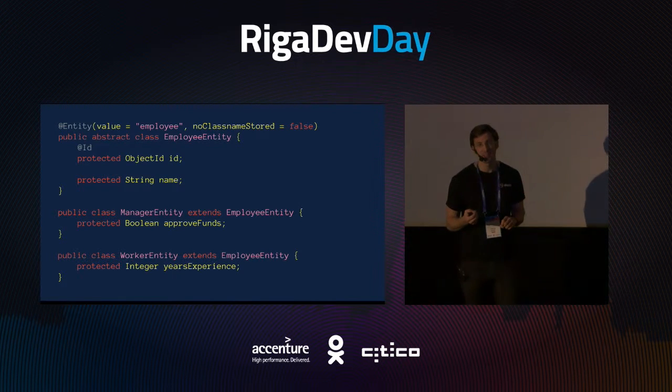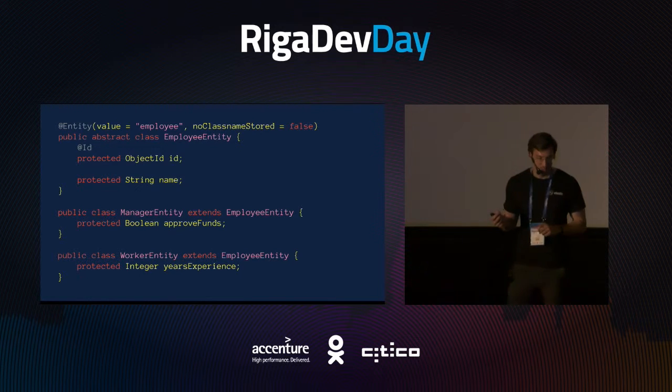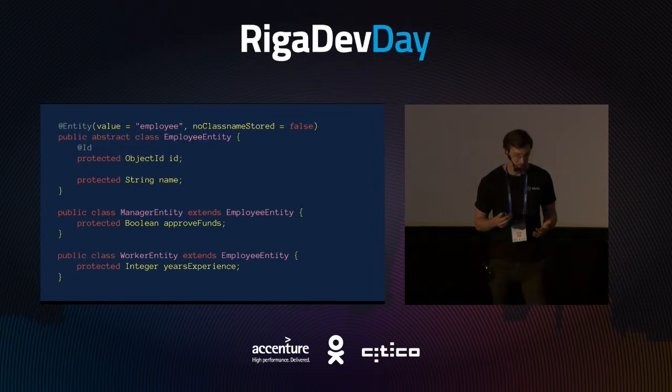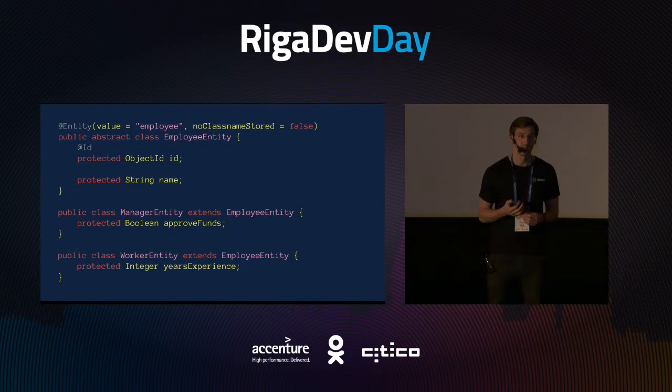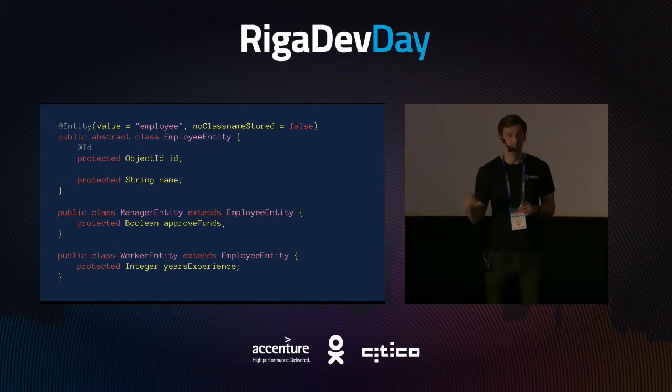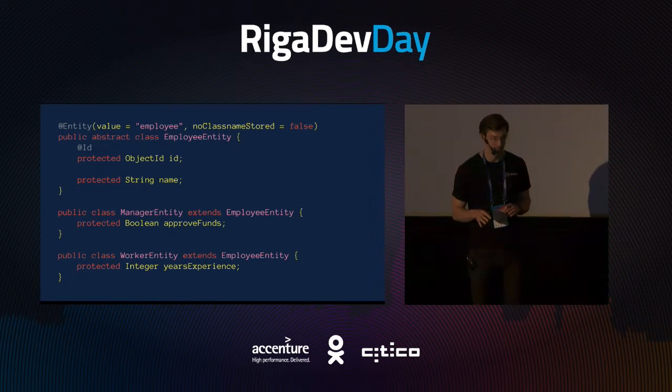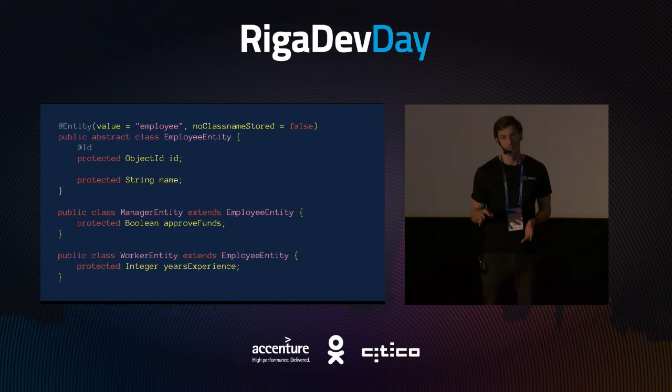Let's just take the example with Morphia. We take our entity, we call it employee, so it will be stored in the collection employee. And here we add the option, no class name stored is false. So actually we store the class name inside our collections. You'll see why on the next slide. And then we have our ID, and everything else is just the same as in the plain Java program.